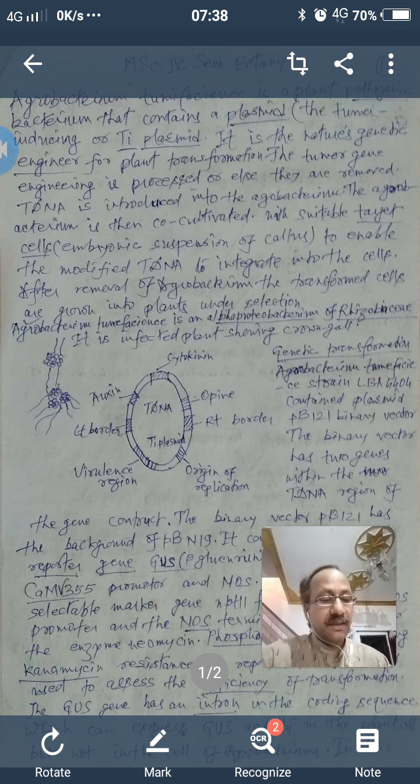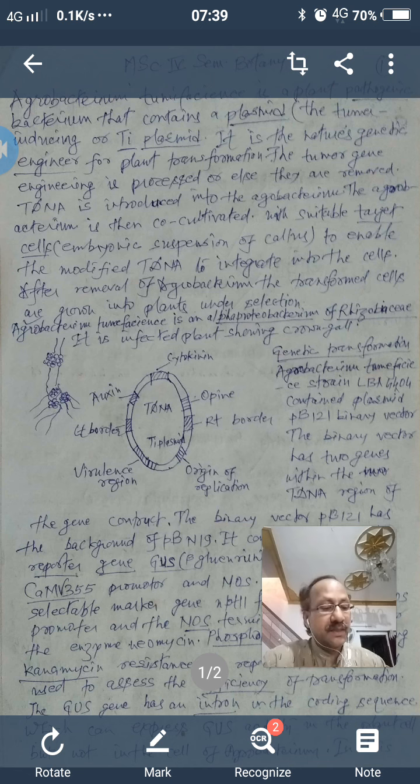Scientists are making approaches to discover and develop something novel. After removal of Agrobacterium, the transformed cells are grown up into plants under selection.